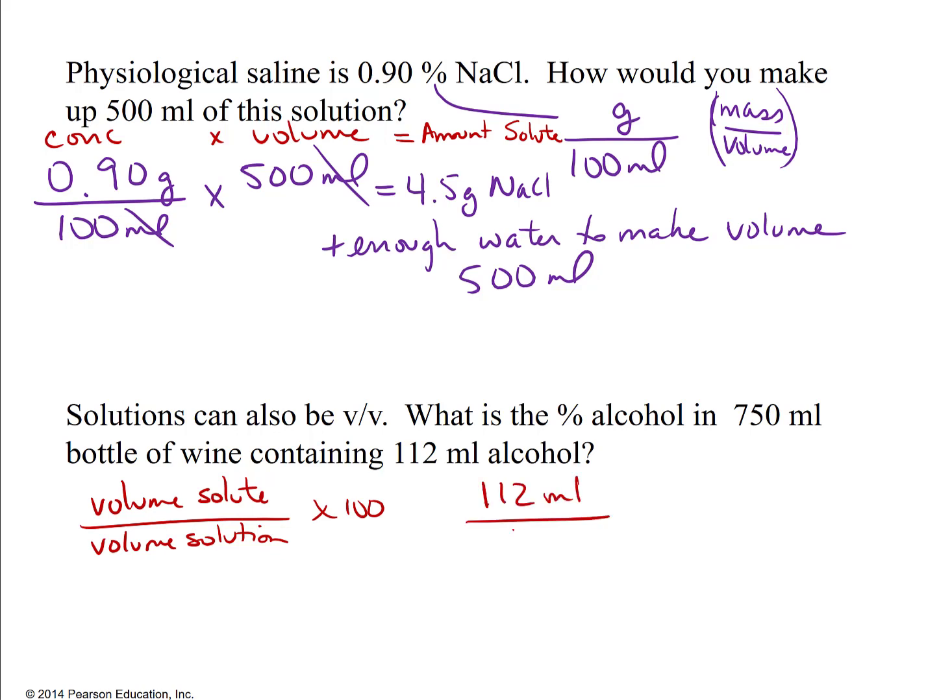So 112 mL divided by 750 mL times 100 is going to tell you your percent of ethanol or alcohol. So that's just the regular percent solutions. It's how much that smaller part is compared to the whole.